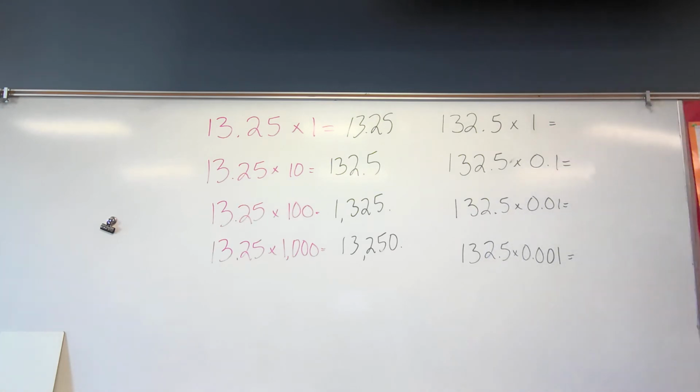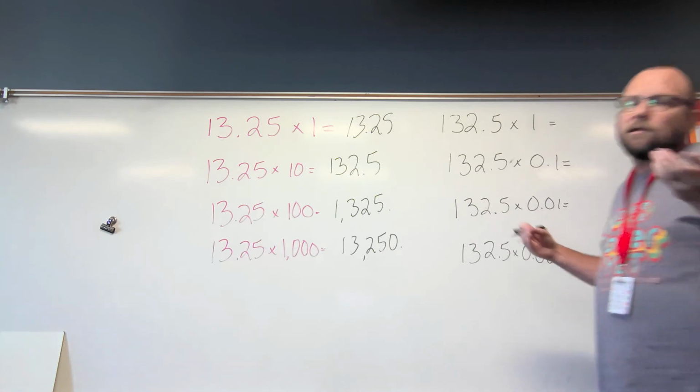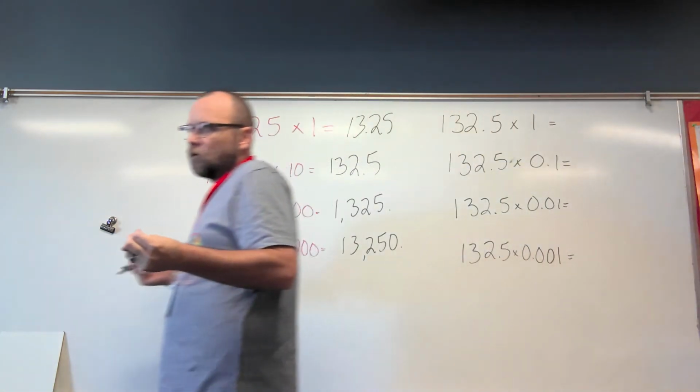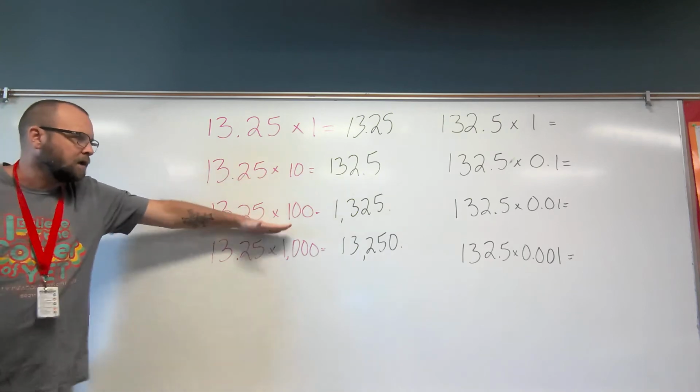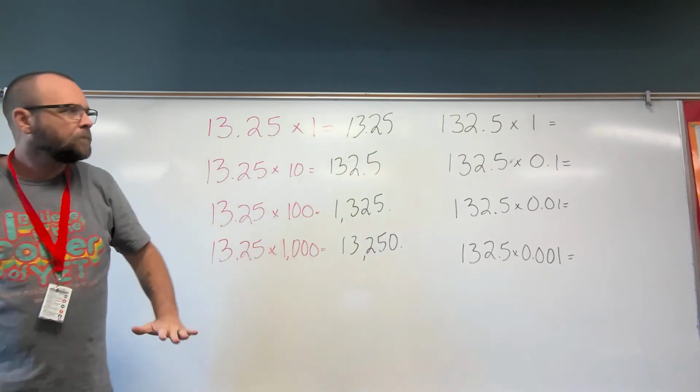Okay, so it's moving a decimal point. But because I'm Jackson's favorite teacher ever, I'm teaching you the reason why. Because we're making our place values 10 times greater, or 100 times greater, or 1,000 times greater.